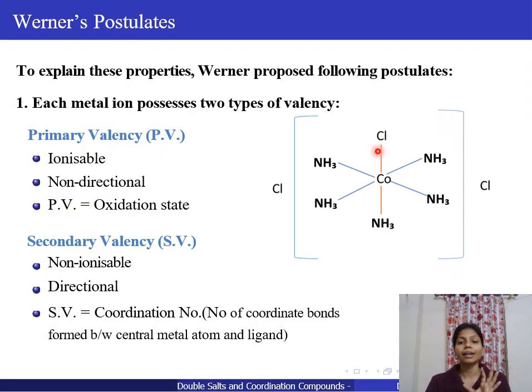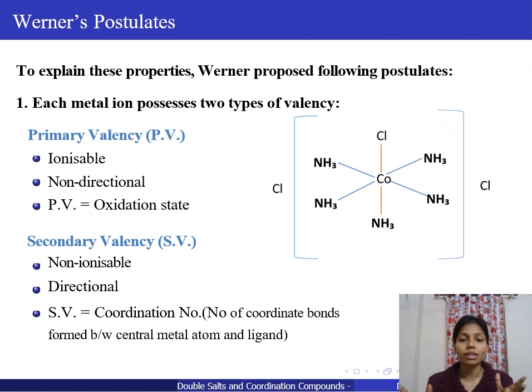And they are directional in nature. You see, they are formed in a particular direction. So these bonds decide the coordination number of the metal ion. Secondary valency is actually the coordination number of the metal ion.